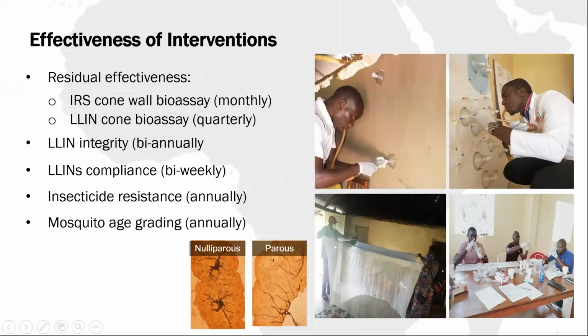After the intervention, we continued monitoring the effectiveness of these interventions by doing wall bioassays, net bioefficacy, looking at net fabric integrity as well as net usage, and also doing insecticide resistance surveys and dissecting mosquitoes to check their age structure in terms of parous and nulliparous mosquitoes.